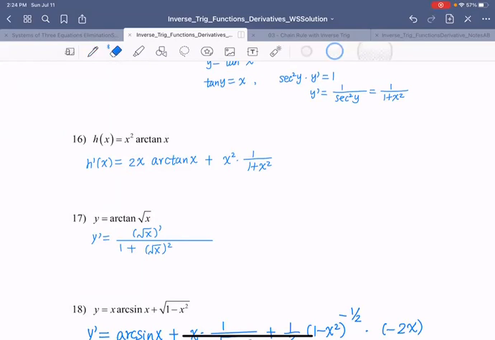Correct? So square root x's derivative is a half times x to the power of negative a half, divided by 1 plus x. That's it. Make sense? Okay.